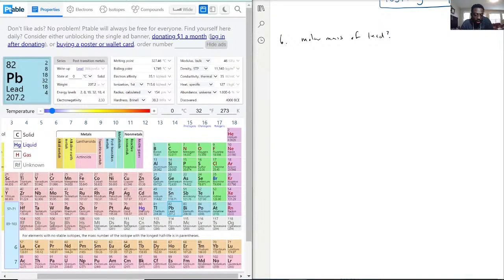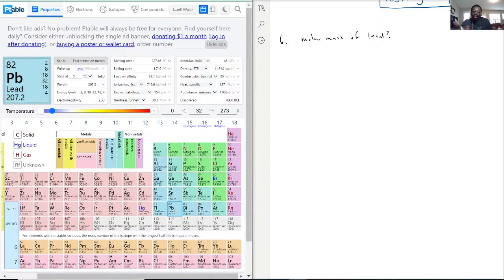There we go, lead. Okay, and it's considered a post-transition metal. We can find it on the table. We know that that is not like a shorthand version of some compound or anything. So we know it's not a molecular compound. When it comes to being a molecular element, we know that lead is not a gas, and in its natural state, it's just by itself. So it's not a molecular element either. It really is just an atomic element.